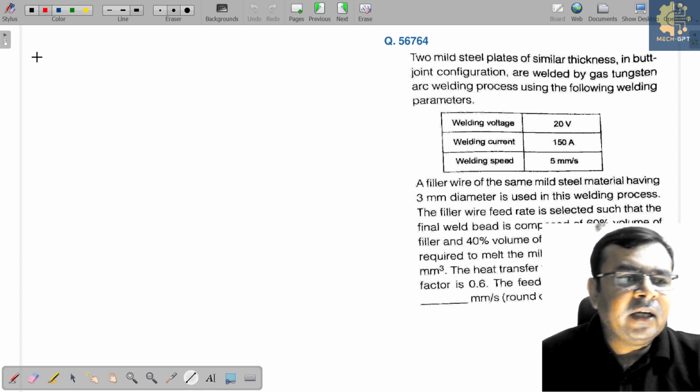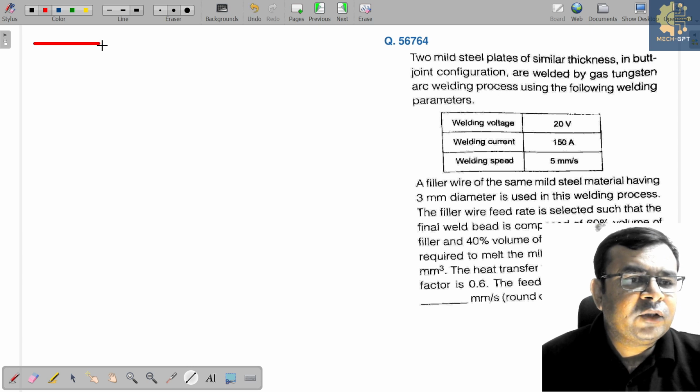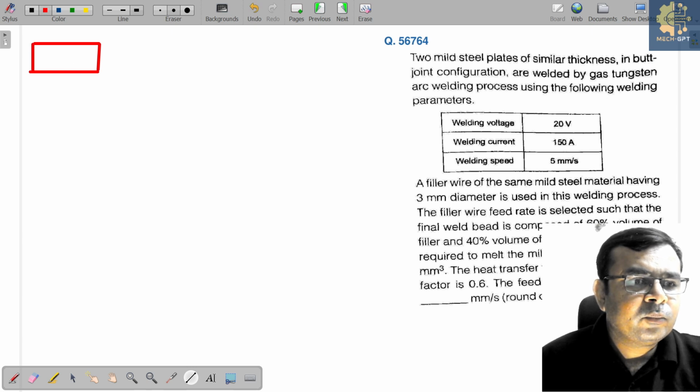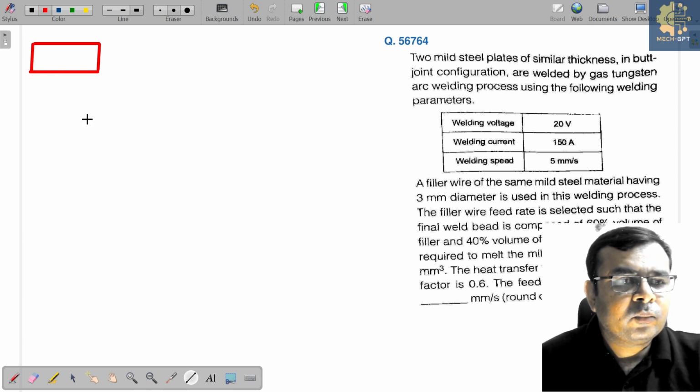So here we weld a butt joint. So if I talk about a butt joint, can I say this is a butt joint? This is a butt joint.